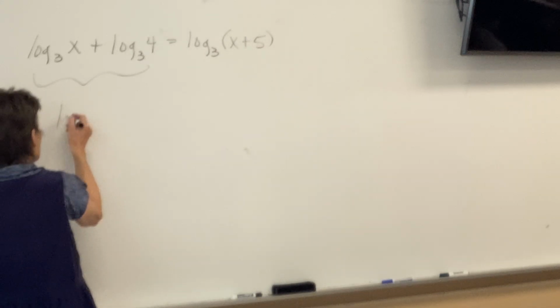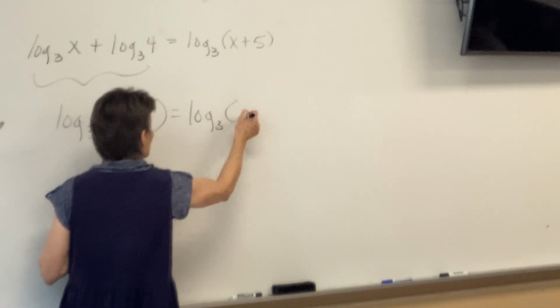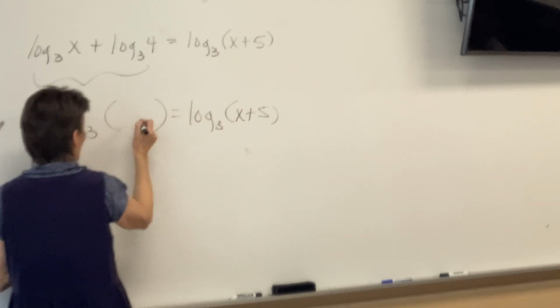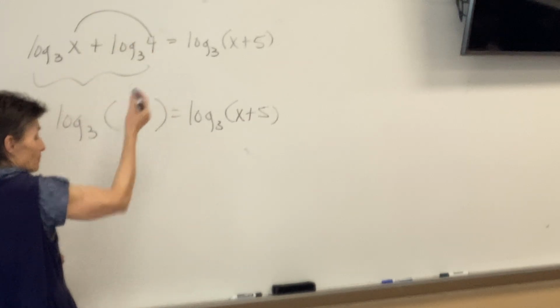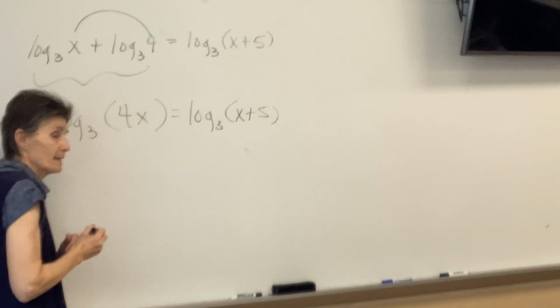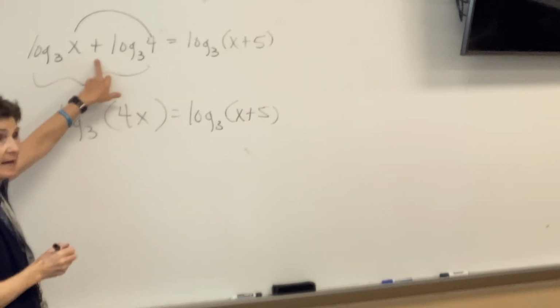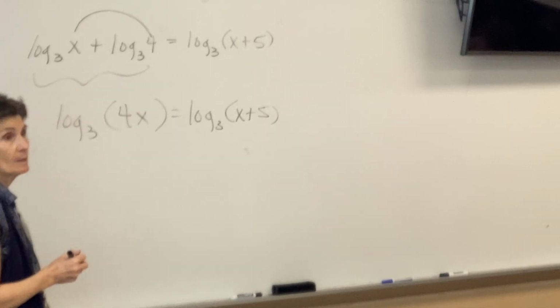When you put them together into one logarithm, what are you going to do with these two numbers? Multiply them. Why am I multiplying them? Because that is an add, right?